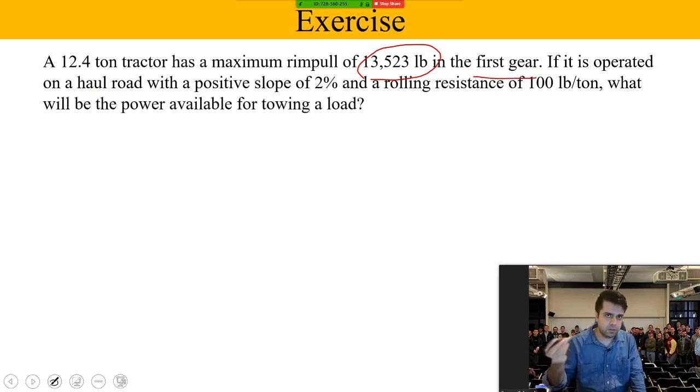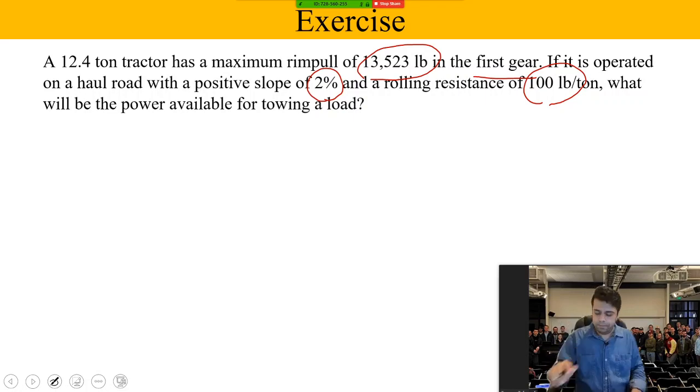No, because no table of different gears is given to us, but that's just some information. If it is operated on a haul road with a positive slope of 2%, so there is some grade resistance, and a rolling resistance of 100 pounds per ton. If you remember, that's the unit of measurement for rolling resistance, US pounds per ton. So what will be the power available for towing a load?